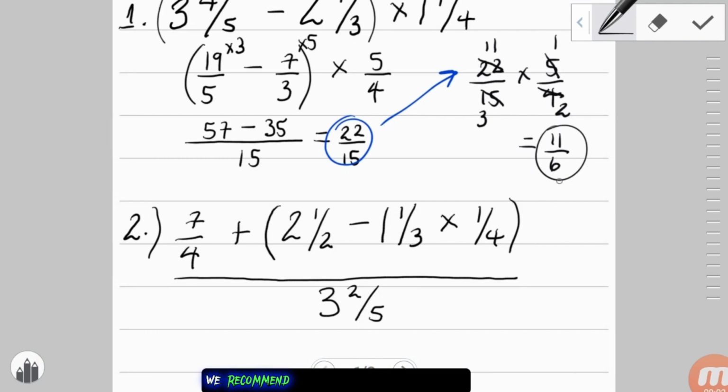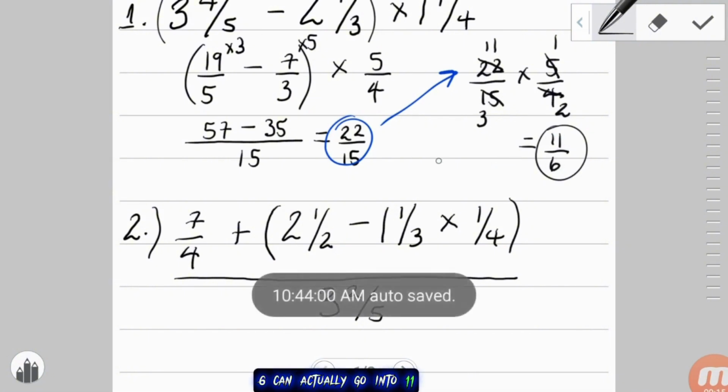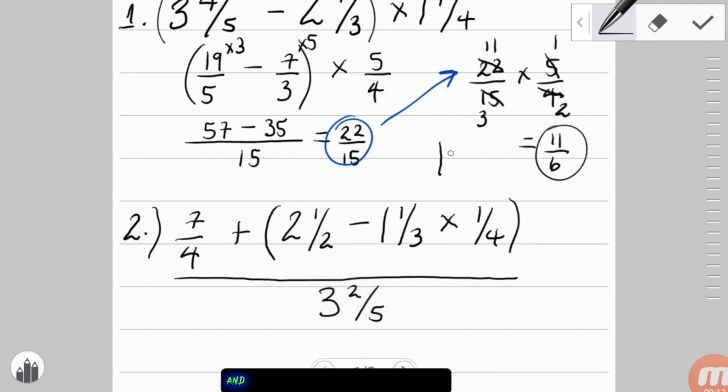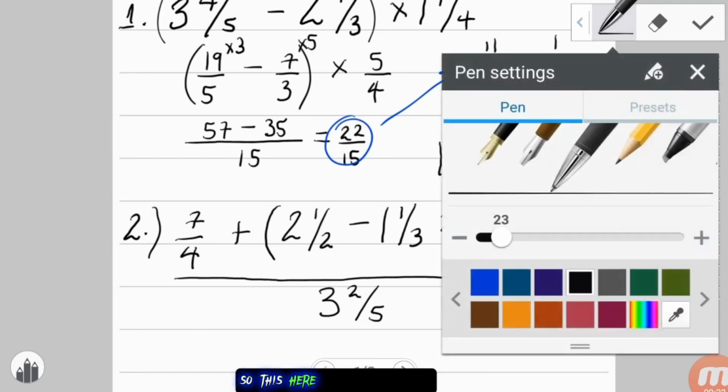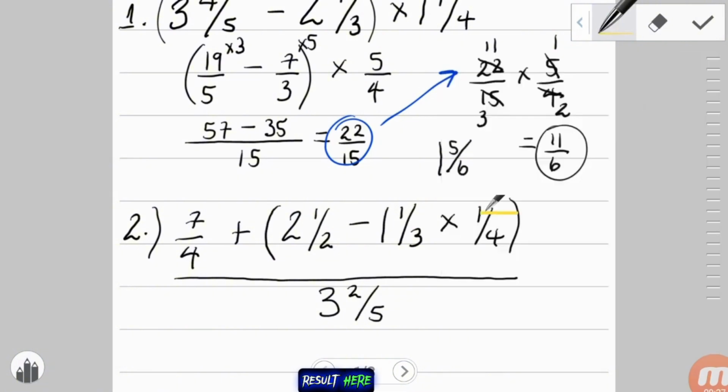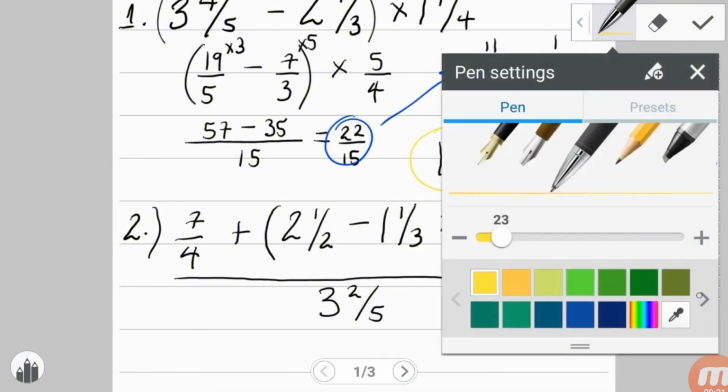We recommend that you write your final answer in its lowest term, which is going to be a mixed fraction. So 6 goes into 11 1 time, and it leaves a remainder of 5 over 6. So this becomes our final result.